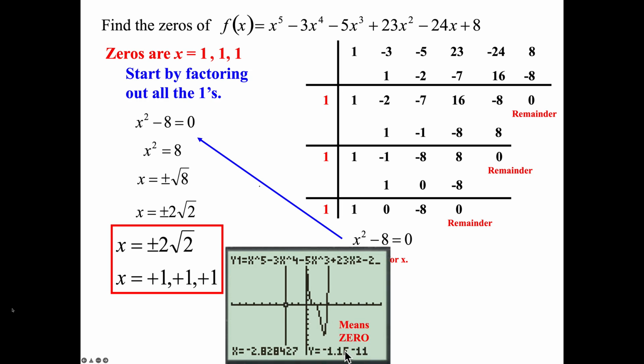Again, there's that goofy e to the negative 11 that shows up. Again, we're dealing with irrational numbers whose decimals go on forever, so we're always going to encounter a rounding error. So now we can find zeros that are irrational and rational through our calculator.